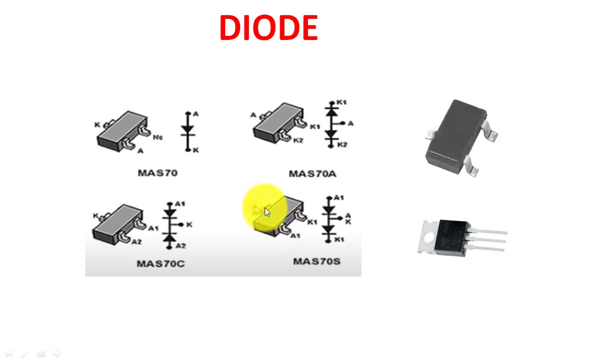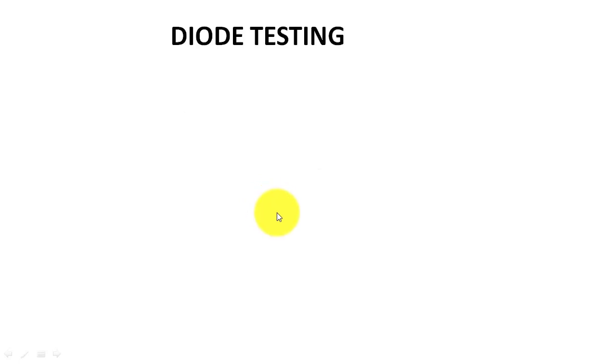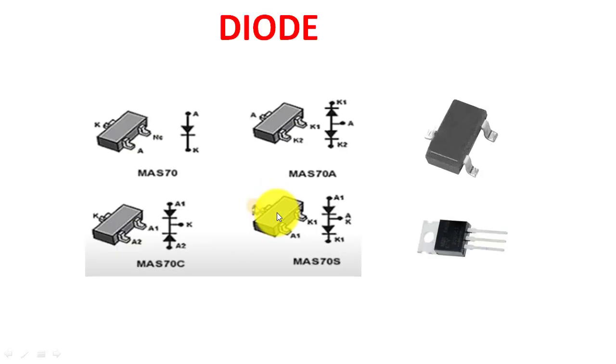There may be an anode or cathode on the upper pin, and in the lower pins, the left side pin is anode and the right side pin is cathode. So you can see there may be common anode or common cathode, or an anode point in one leg and a cathode point in another leg.